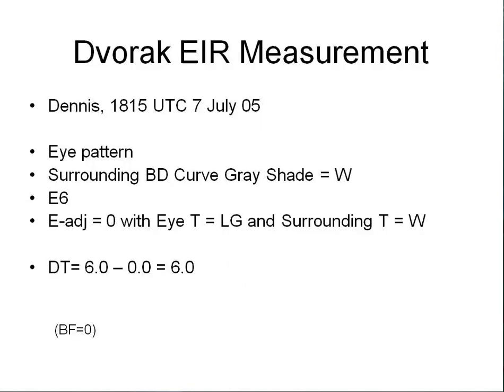With the same image zoomed in, you can see the light gray eye temperature. Consulting the charts, you get these results. Surrounding gray shade with narrowest width criteria is white. The eye is light gray. This gives you eye number 6.0, eye adjustment 0, so the T number is 6.0.